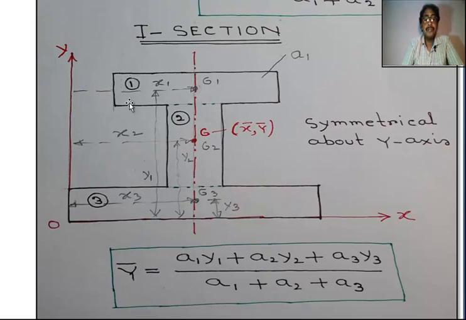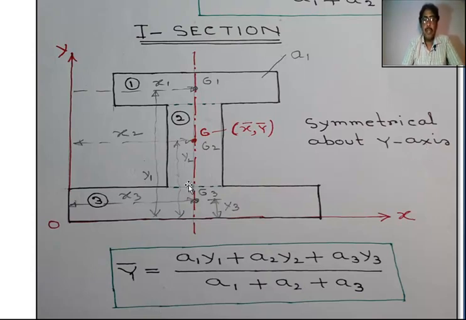This part and this part are equal. This part and this part are mirror images. As it is parallel to the y-axis, this figure is symmetrical about the y-axis.